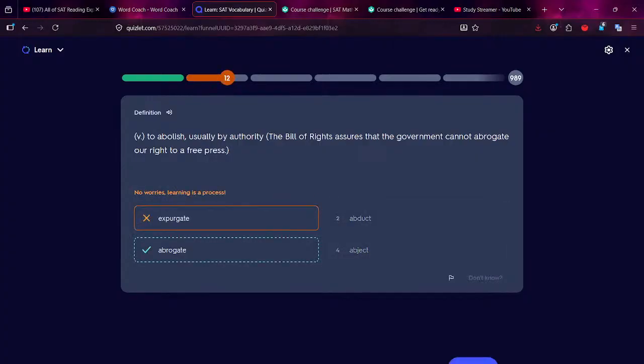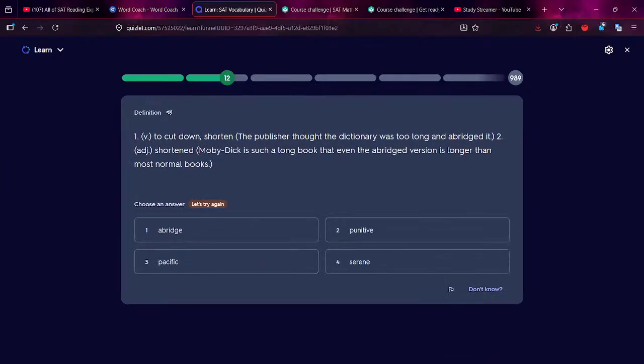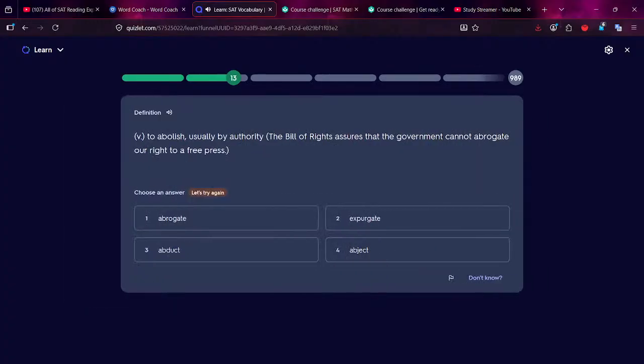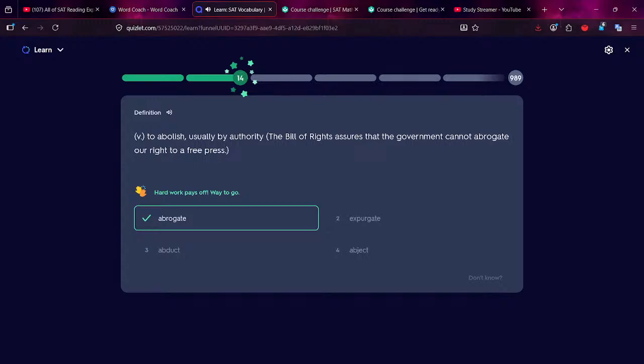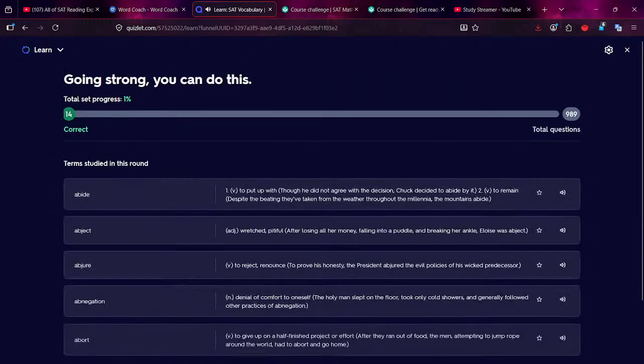Okay, it's going to be abrogate. Abrogate is to abolish, usually by authority. To cut down, shorten, that's abridge. To abolish by authority, that's abrogate. So there we go.